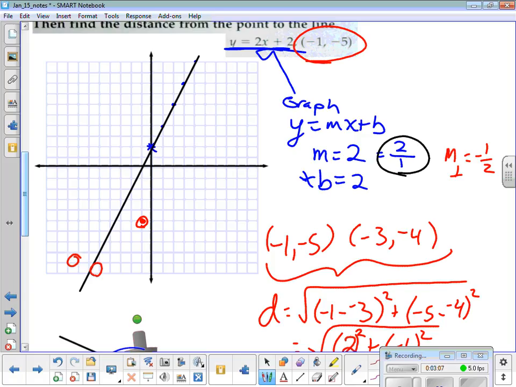From our point, if I go down 1 and over 2, I can draw the line back in this direction. But the trick is, I really only need this segment right here, and I have a length right there. So you can actually use a compass, or you can use the perpendicular slope.